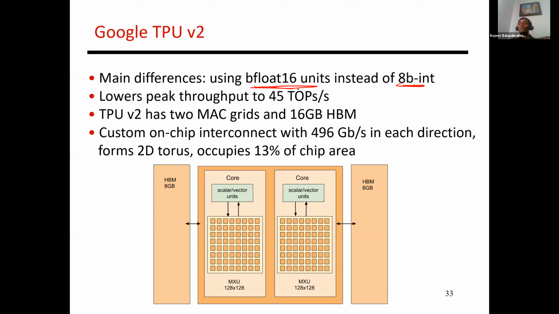And so because you're doing floating point, because each systolic element has a more complicated ALU, it takes up more area. So instead of having a 256 by 256 grid, which is what V1 had, you'll see now that they have two 128 by 128 cores. And so that essentially halves their peak throughput from 92 teraops to 45 teraops.